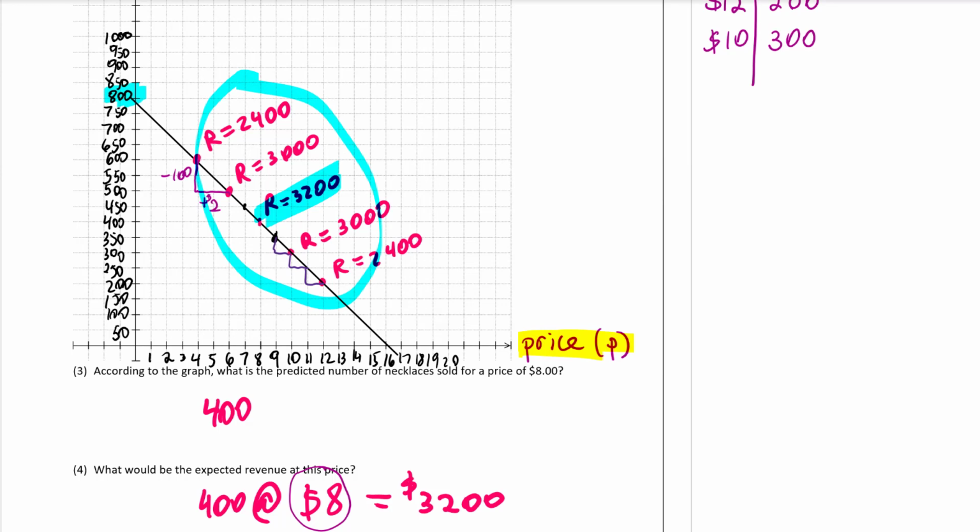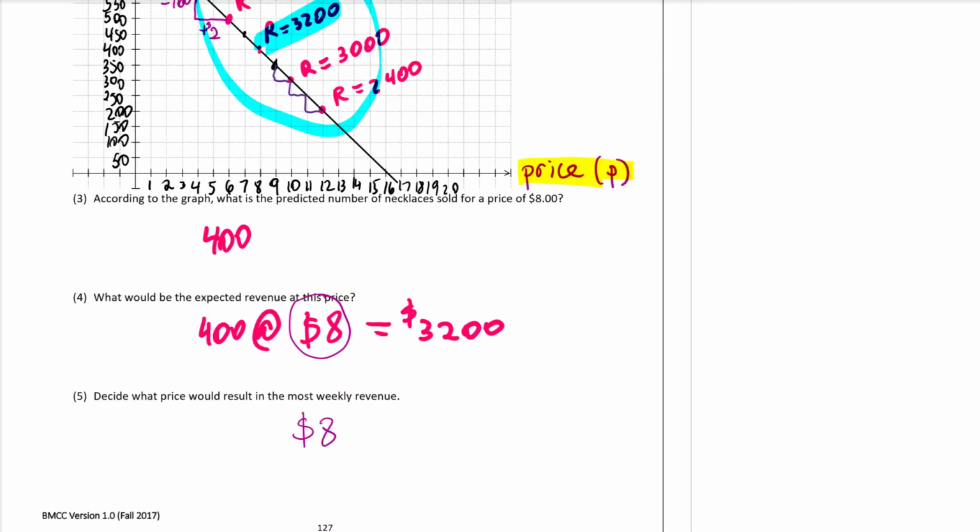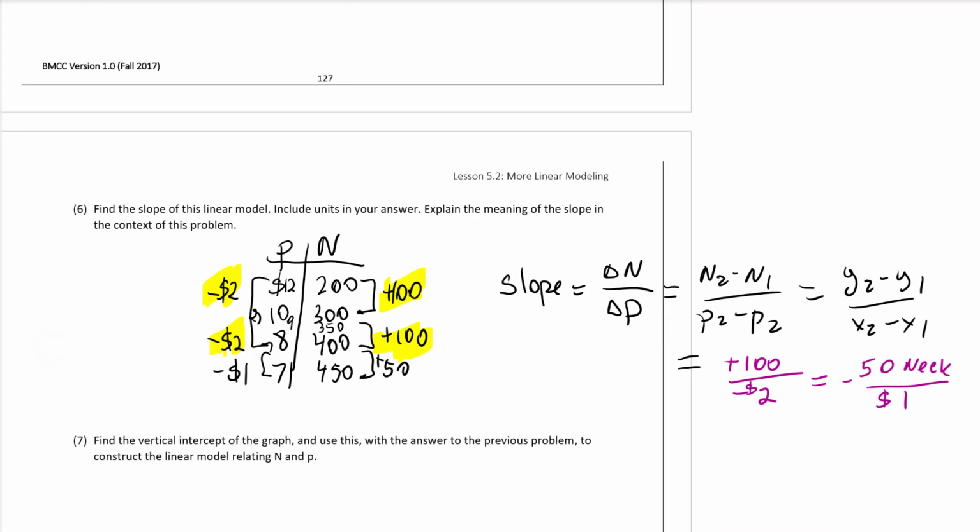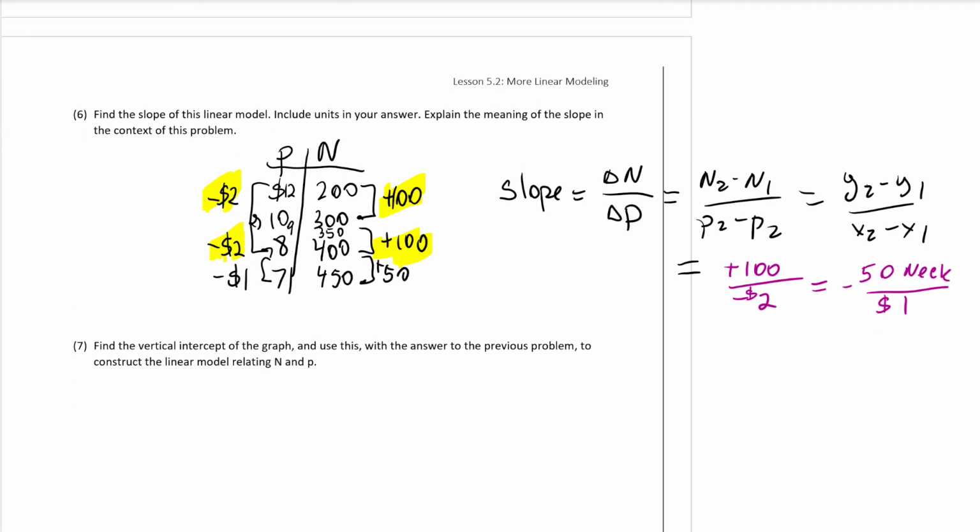A model is trying to model reality, so it doesn't need to represent reality 100%. As you go all the way down, it might not be as reasonable. So the vertical intercept, according to the graph, is that at $0, you're going to sell 800 necklaces.